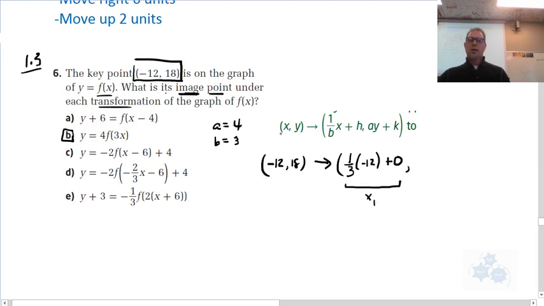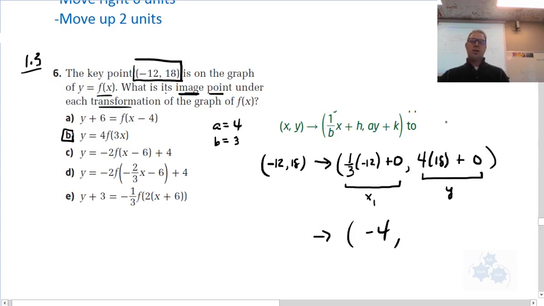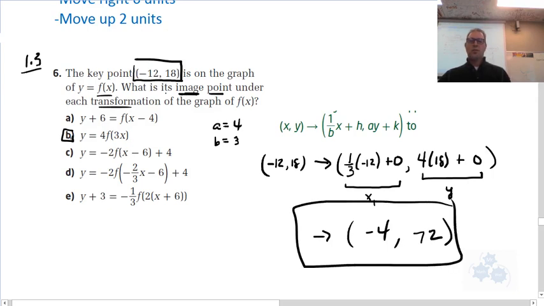And the y value comes when I multiply A by y, so that's 4 times the y value, 18. And then I add k, and k is just 0. So that's going to be my new y value. All right. So when we simplify that, that's going to be negative 4. And 4 times 18 was 72. So that should be the new image point for B.